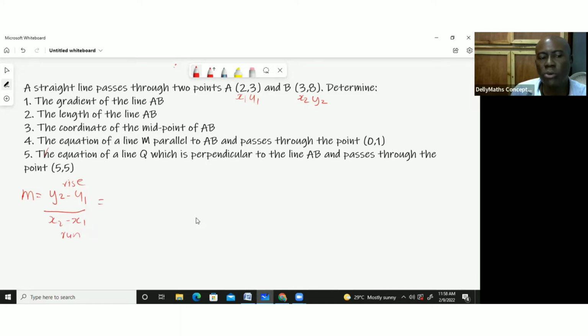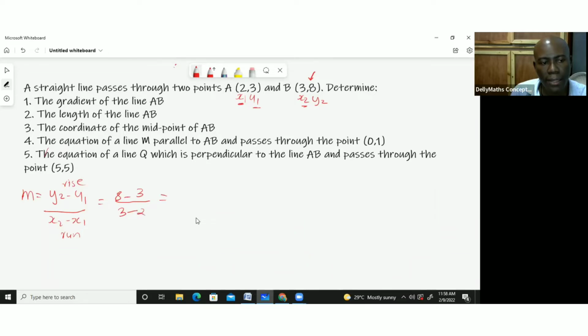So let us do some quick substitution. Y2, as you can see here, is 8. So we have 8 minus Y1, which is 3, all over X2, which is 3, minus X1, which is 2.